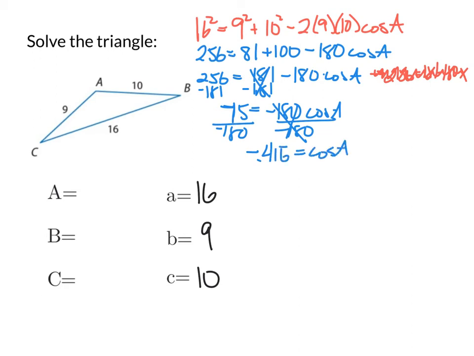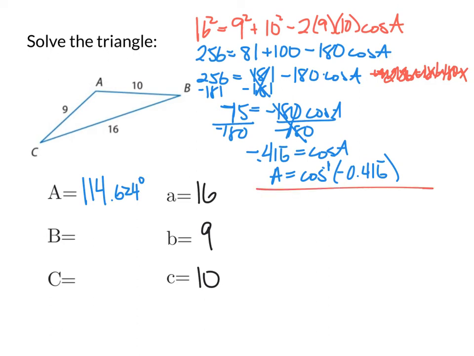And that's what the cosine of A is. To find A, we take the inverse cosine of negative 0.416 repeating. So if I use the answer key and just go inverse cosine of the answer, we get that A is 114.624 degrees.